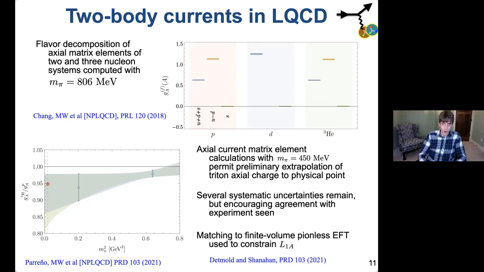And with these calculations, we're able to see sort of shell model-like structure begin to emerge even at unphysically heavy quark masses, and we're able to start taking crude extrapolations towards the physical point now for the Gamow-Teller matrix element governing the triton beta decay rate with 2 quark masses that still have systematic uncertainties to be quantified, but find encouraging agreement with experiment for the triton beta decay rate and for the correlated 2 nucleon coupling L1A within pionless EFT that this was matched to by Detmold and Shanahan.